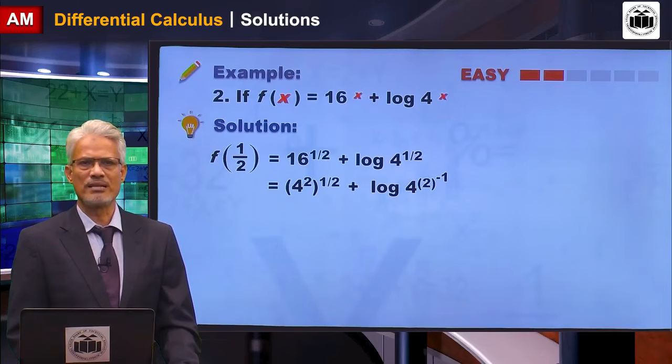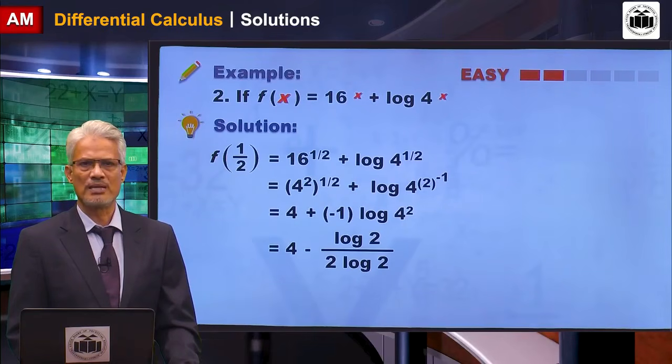Then we are getting f(1/2) is equal to 16 raised to half plus log of 4 raised to 1 upon 2. And we know 1 upon 2 is equal to 2 raised to minus 1. That's why it is (4 square) whole to the power half plus log 2 raised to minus 1 with base 4.